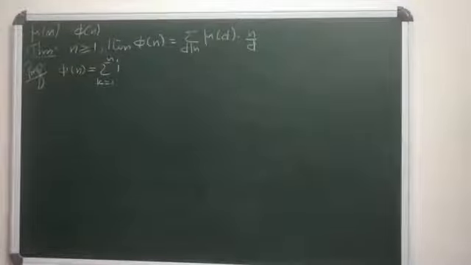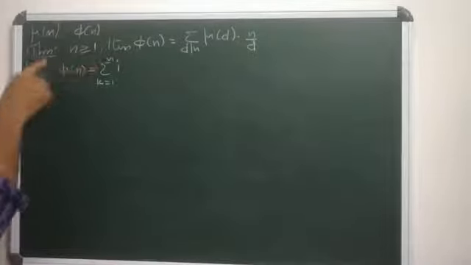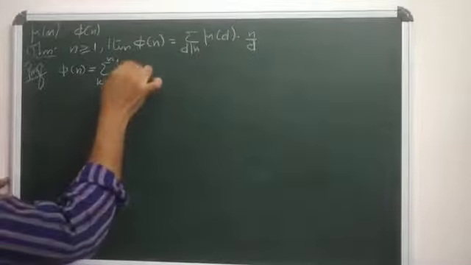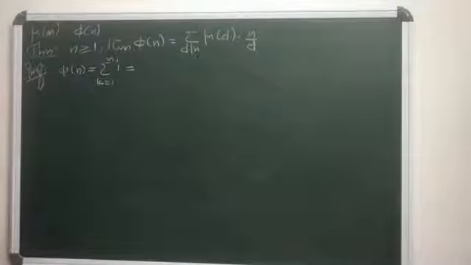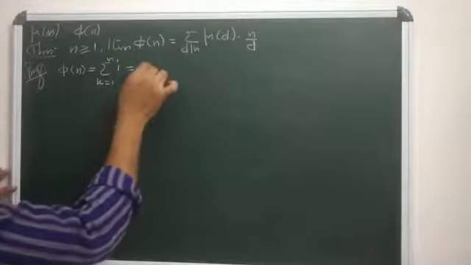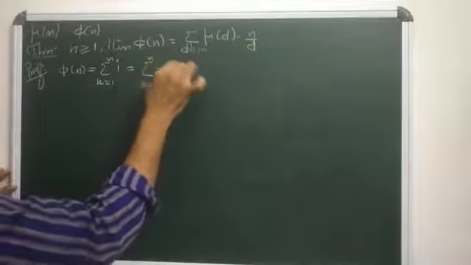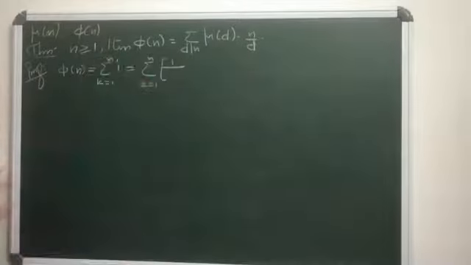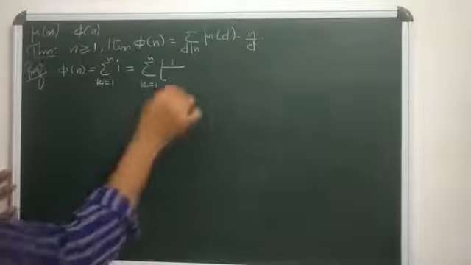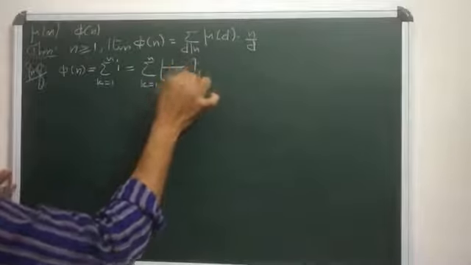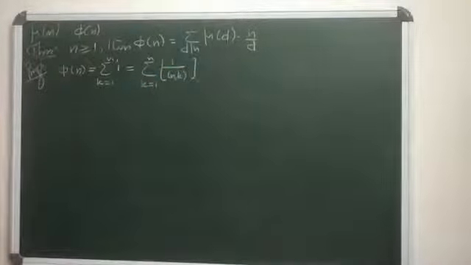We know that phi of n is this sum, but it can be rewritten as sigma k ranges from 1 to n of the greatest integer part of 1 by GCD of n and k. Why?